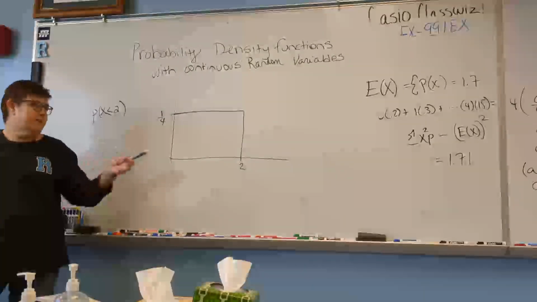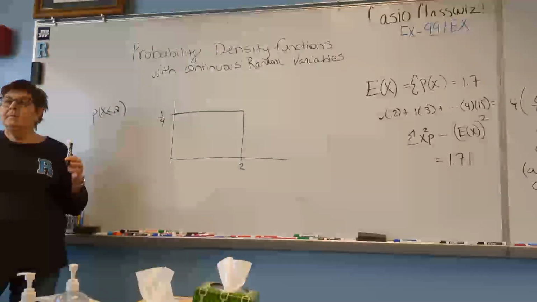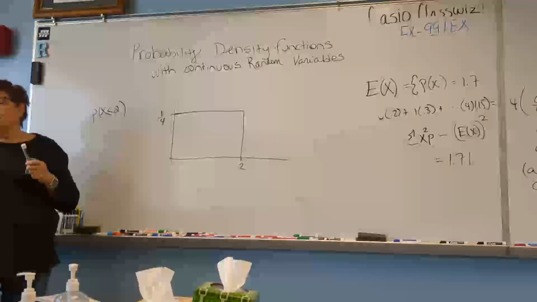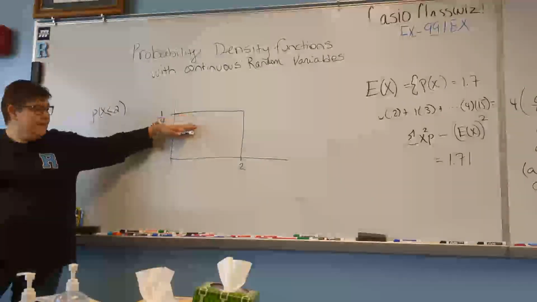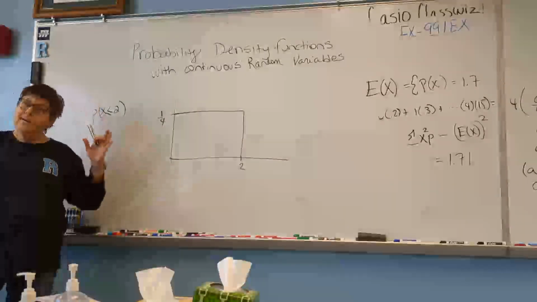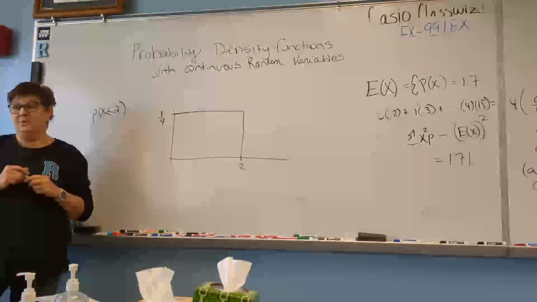Well, it makes sense that this whole drawing is less than 2. Do you see that? So the probability that it is indeed less than 2 is going to be working on the basic area under this particular curve. The whole area under that curve is where that probability is happening.